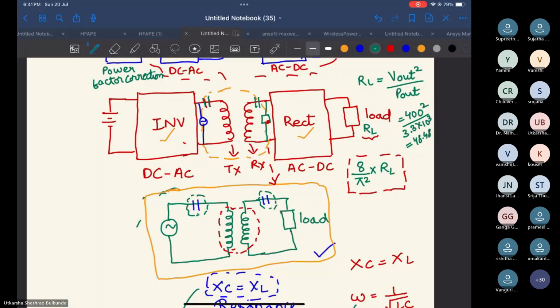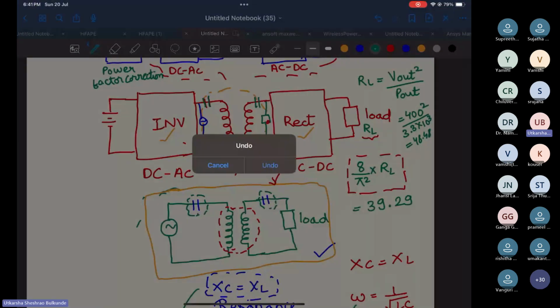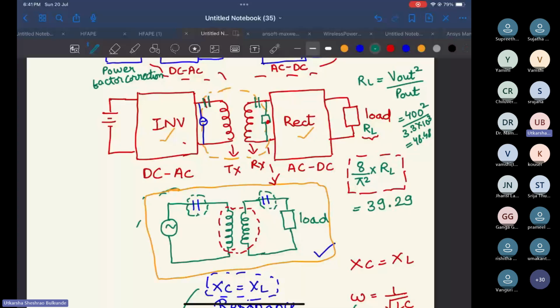Yes, ma'am. Okay. Should I cross check or it's fine? Yes, ma'am, it's fine. Okay, so 39.29, right? Yes, ma'am. So this is how we get the value of our resistor.